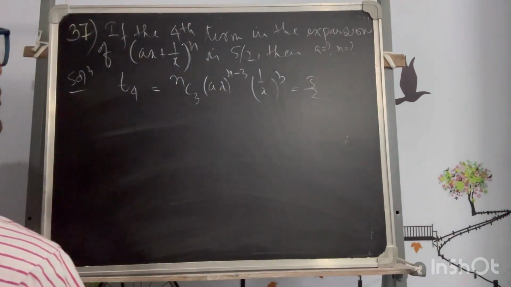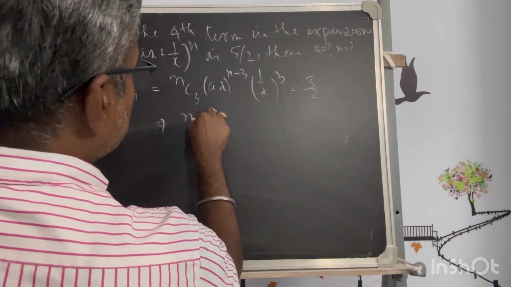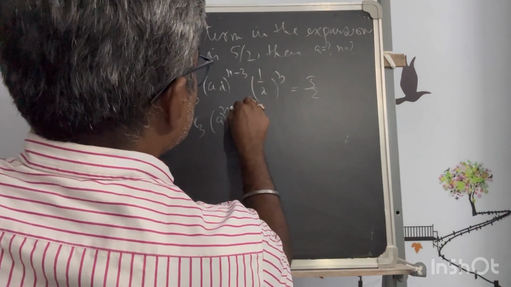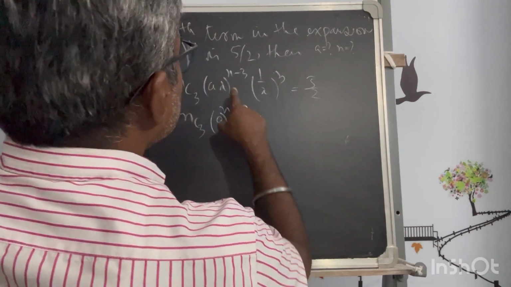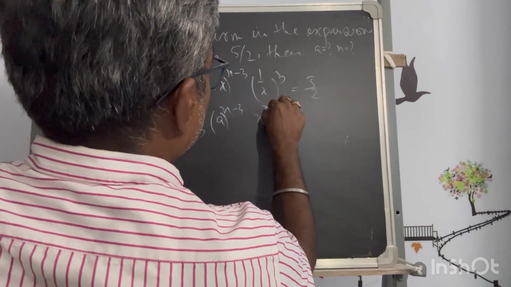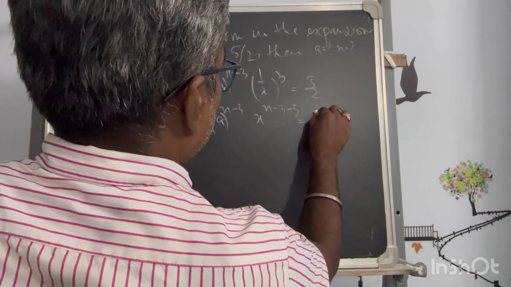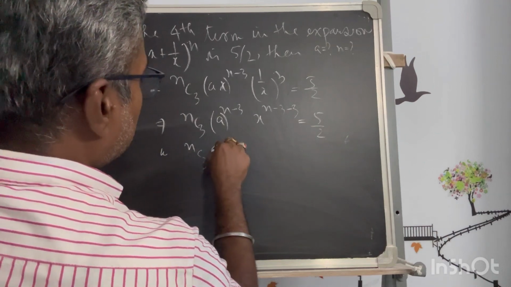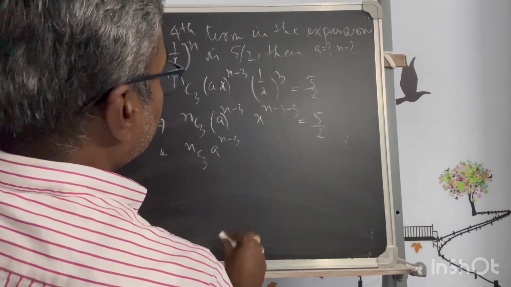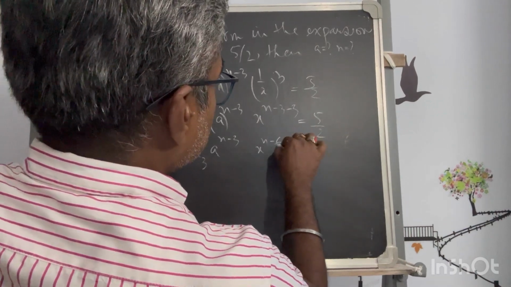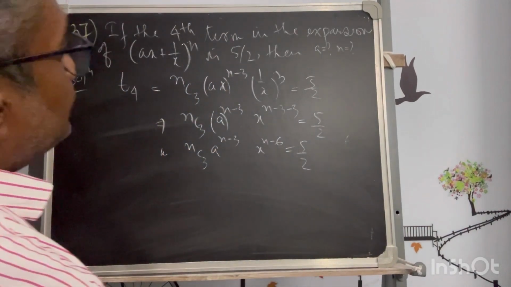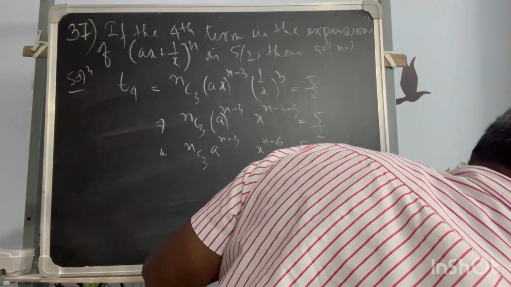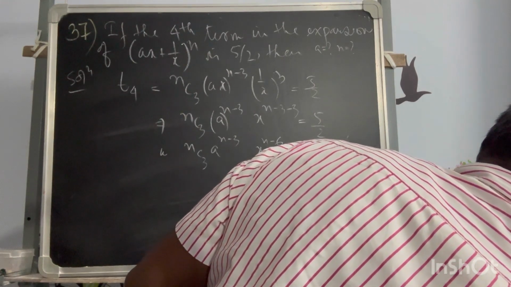So now this nC3 a^(n-3) x^(n-3-3) is equal to 5 by 2, or nC3 a^(n-3) into x^(n-6) is equal to 5 by 2. The fourth term in the expansion is 5 by 2.